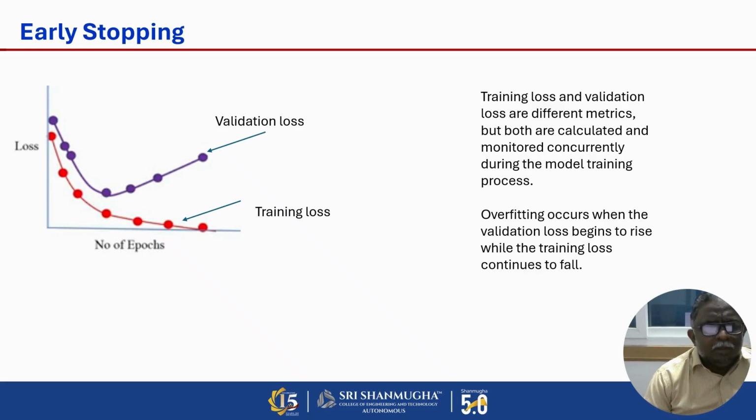Okay, so both things will happen simultaneously. The loss has to be calculated for each training epoch, and as long as we get the lowest loss in validation, we continue. The point which has the lowest validation loss, we have to stop, and that will help us reduce overfitting issues in machine learning models. Okay.